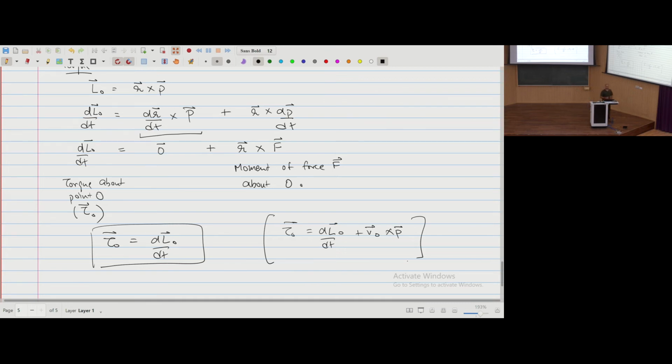But if O is moving, then you get vO cross p. Now, I will leave this to you to derive yourself. This is a good exercise. So, you assume that your point O is moving. Then try to derive the relationship between the torque and the rate of change of angular momentum about that moving point O.